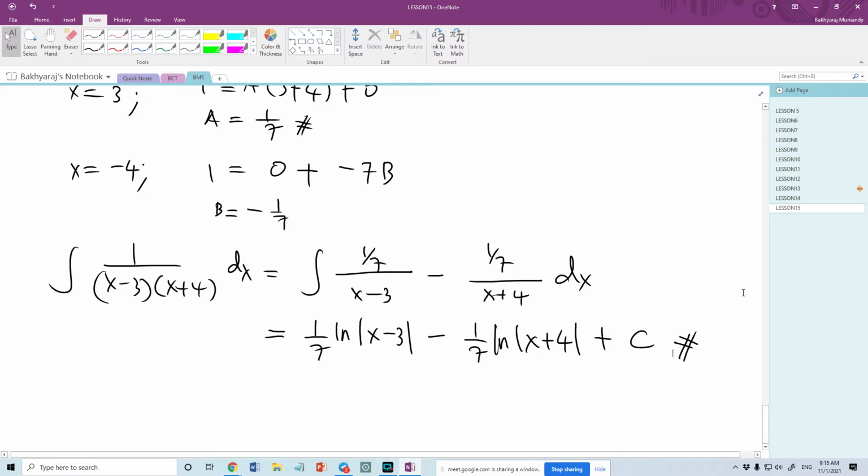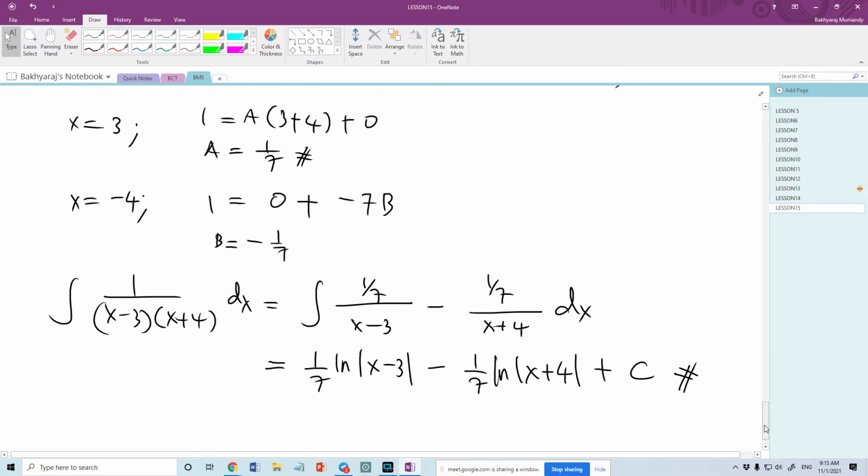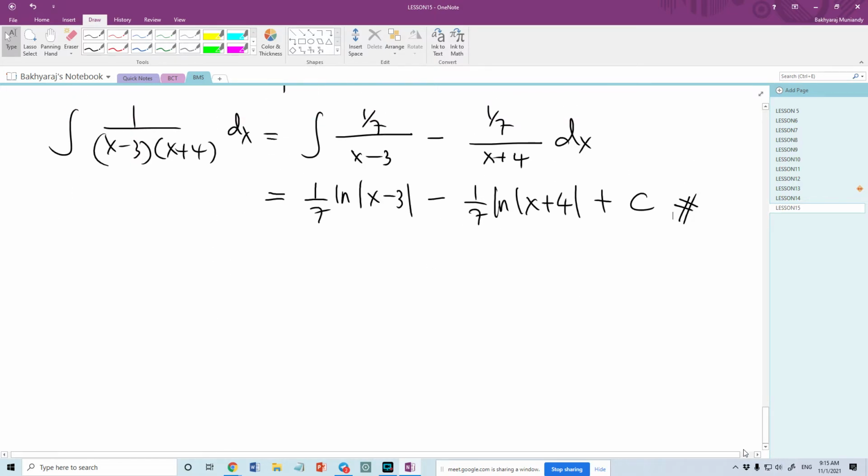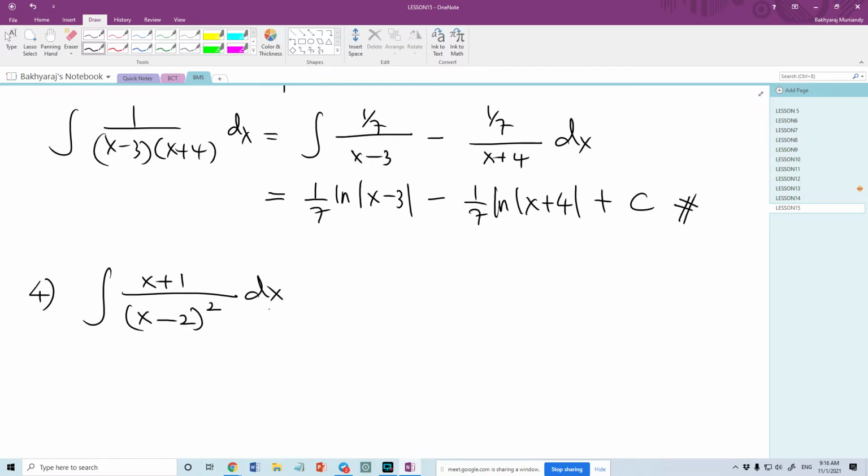Okay, form number 2. Form number 2 is square problem. Okay, so this one, number 4. Integrate, and let's say I want to find x plus 1 over x minus 2 square dx. Okay, how to solve this? Okay, I want to use partial fraction, but the problem is I got square, x minus 2 square.